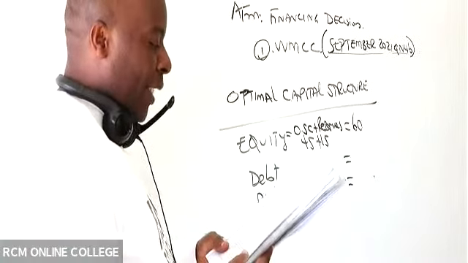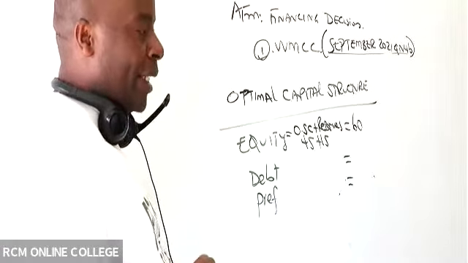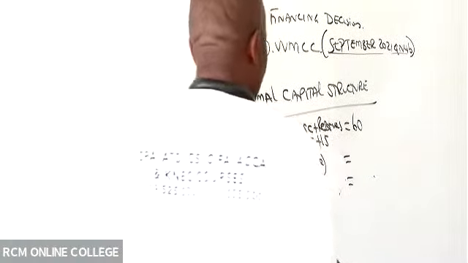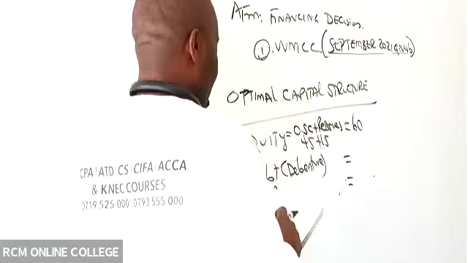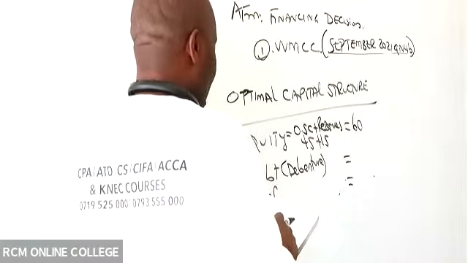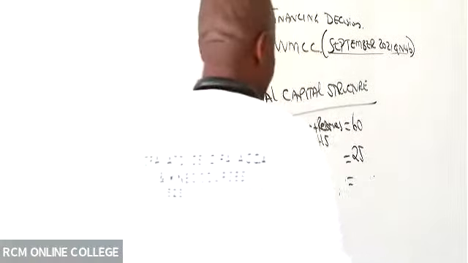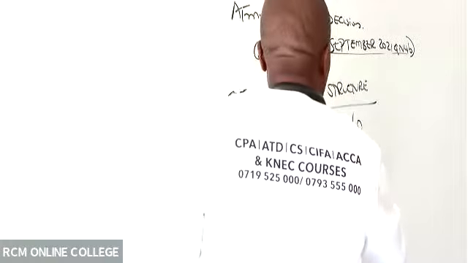And then I can see the debt amount, the debenture. You know, debenture is debt. So this debenture is 25. And then the preference is 15, giving me 100.